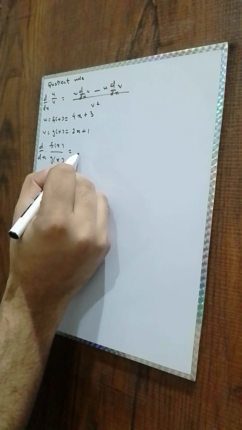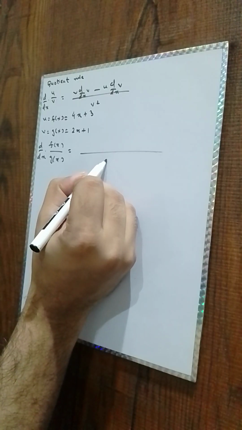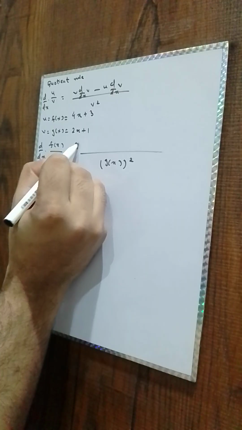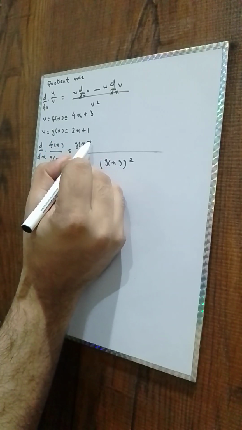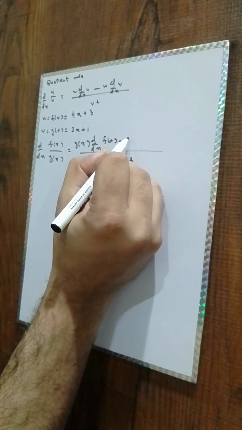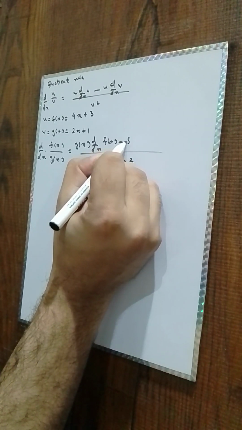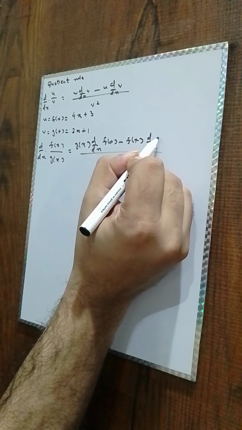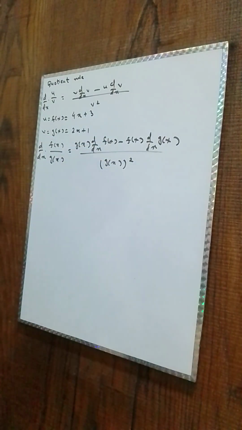So what we will do is put g of x in the denominator, take the square of it, and then g of x here and d by dx of f of x, and then minus f of x in the beginning and then d by dx of g of x.